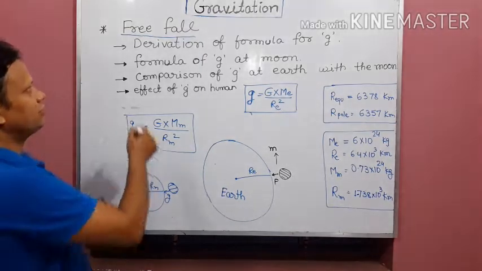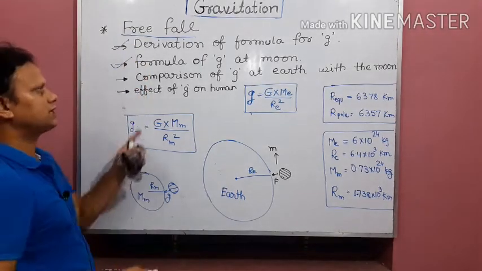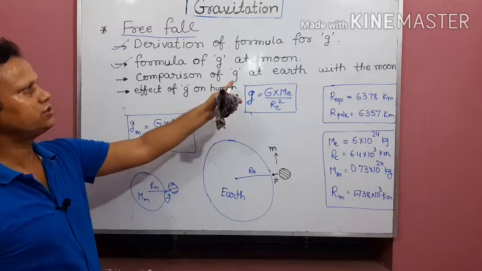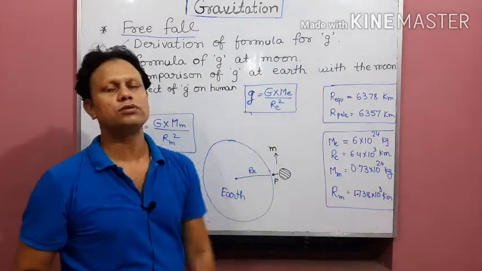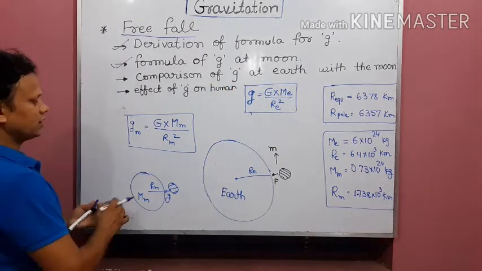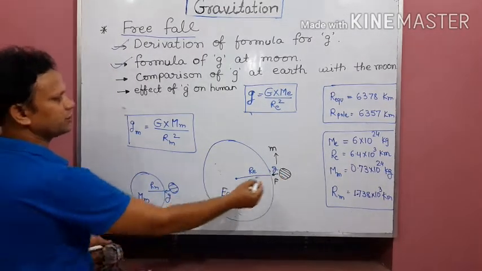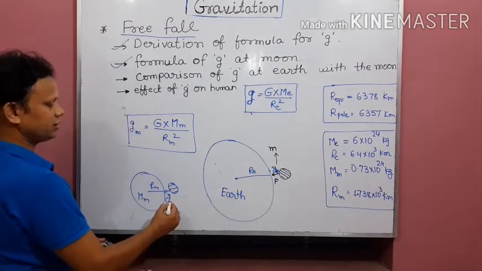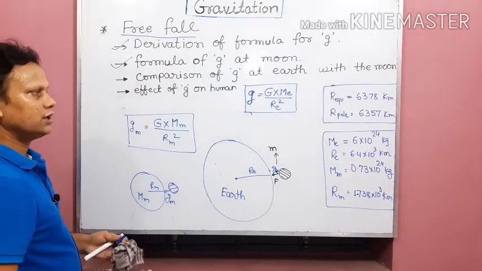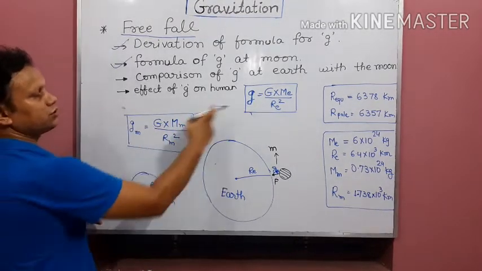Now, we have till now discussed these two topics. Now we are going to compare g at the Earth with respect to the moon. So suppose I am comparing the acceleration due to gravity here, I am giving the name g_E, and here I am giving the name g_M. Okay. So these are two expressions.